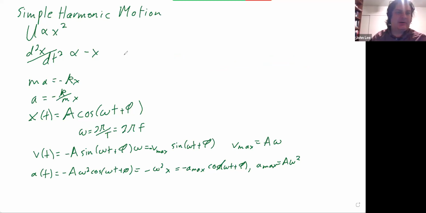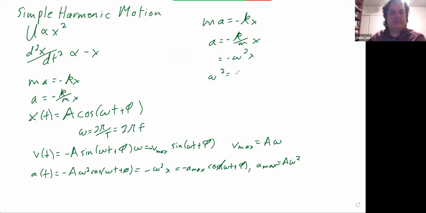When we plug this into our equation where ma equals negative kx, then a is equal to negative k over m times x, which is equal to negative omega squared times x. So omega squared is equal to k over m.